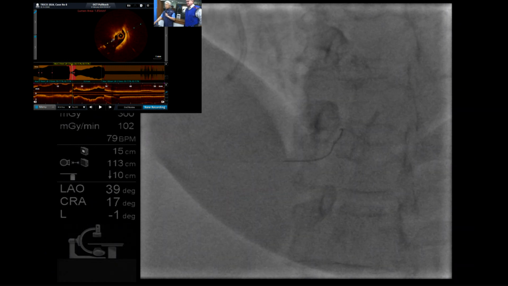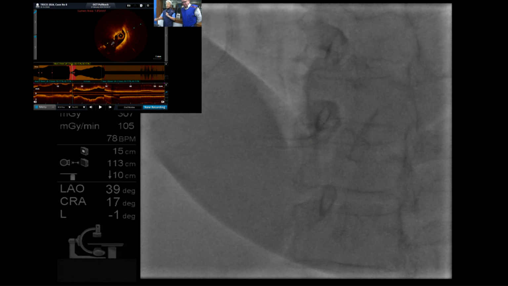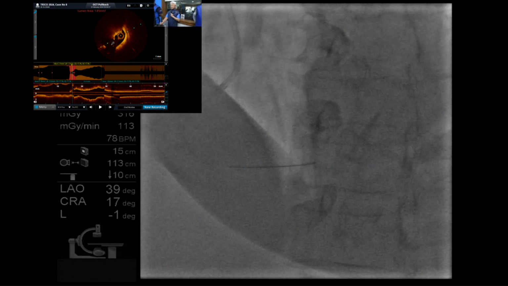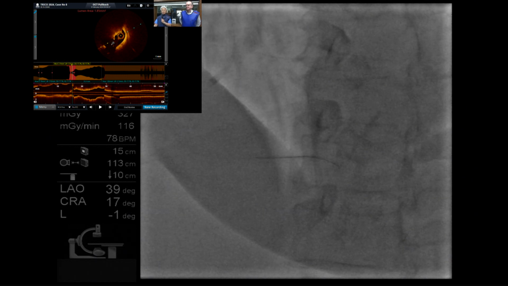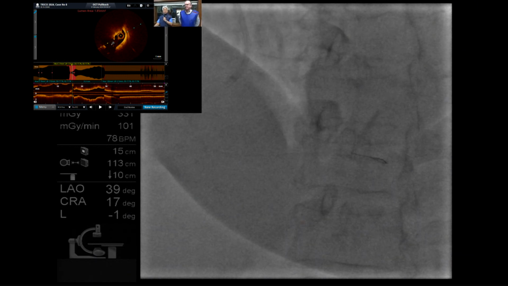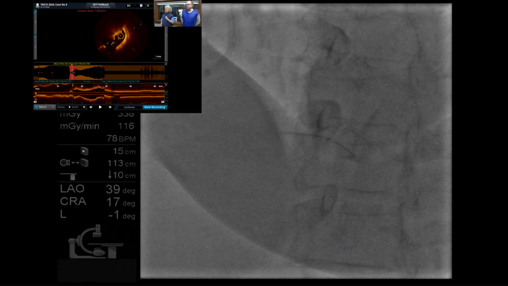So wire position is very important to make an effective ablation. Right? If the wire is far from the calcium, it might be very difficult to make an ablation using any kind of ablation system. That's a great learning point. Thank you.